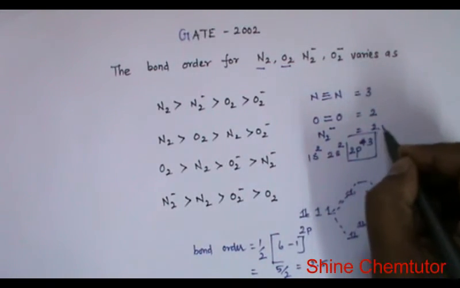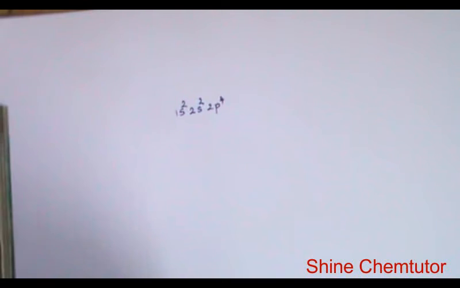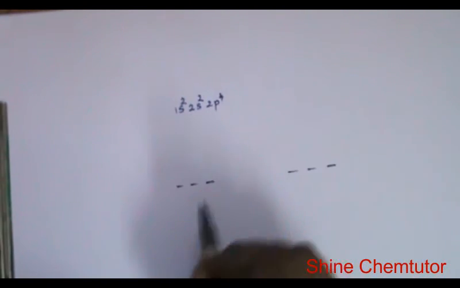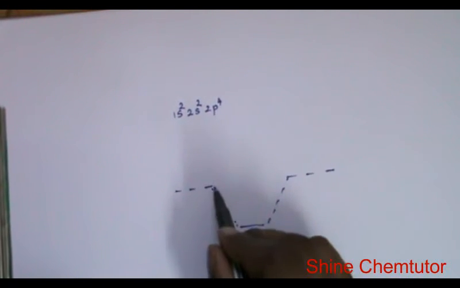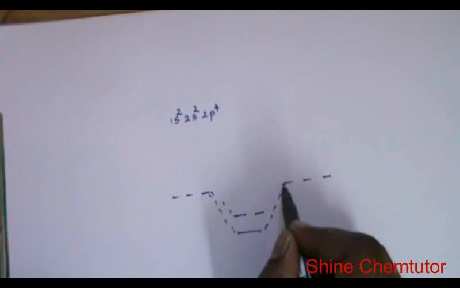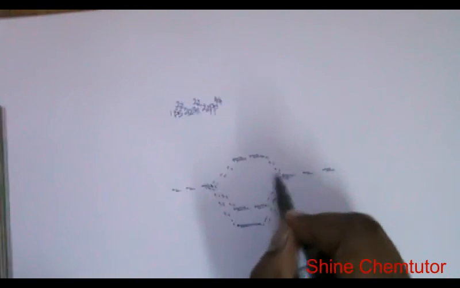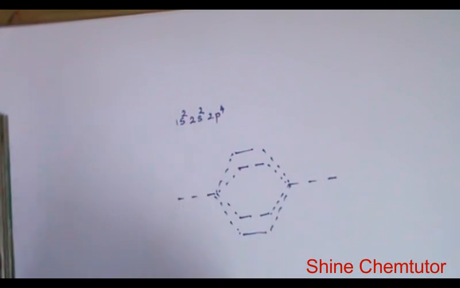It will be 2.5. What about oxygen? The electronic configuration is 1s2, 2s2, 2p4. I go for the p orbital only. So you have to memorize this.